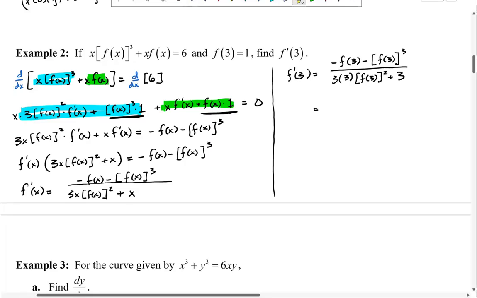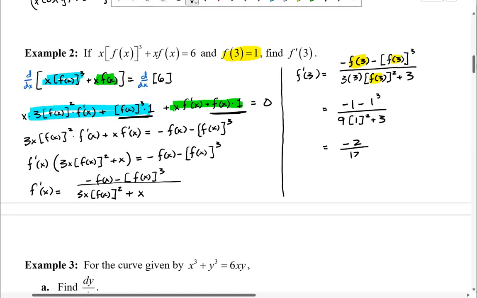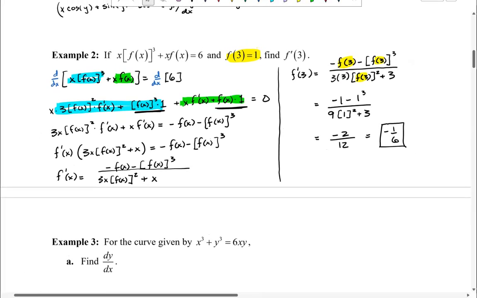Using the given information, f of 3 is 1, so that's going to go here, here, and here. And that's it.